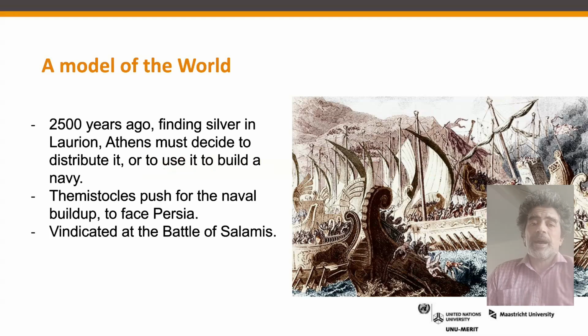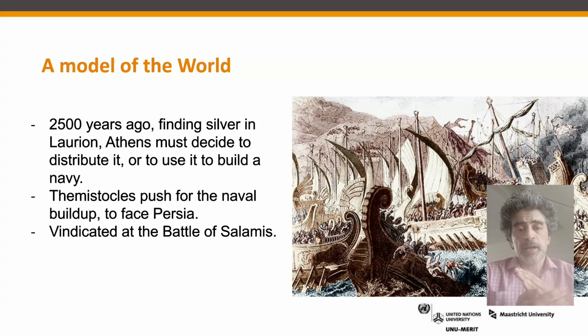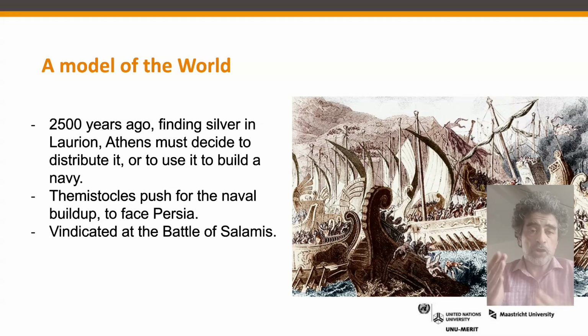Now, it's a lot of money that changed the structure of Greek economy, and Athens had to decide how to use it. And there are two positions, right? One position is, okay, let's distribute among the citizens, rich citizens, not everyone.